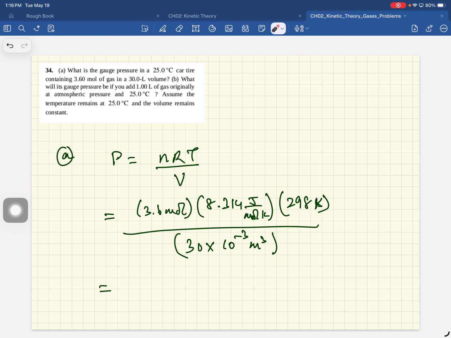So after you added air, that's what the pressure increased. And then you want the gauge pressure, you just subtract 1 atmosphere. Okay. So the new gauge pressure will be just 2.003 atmospheres.